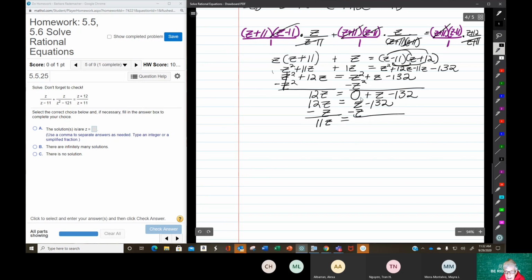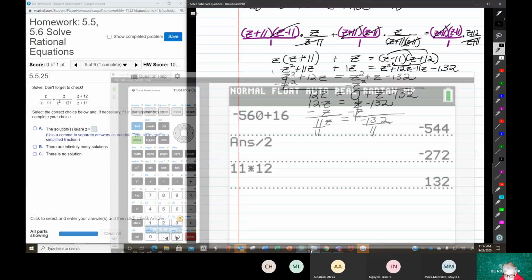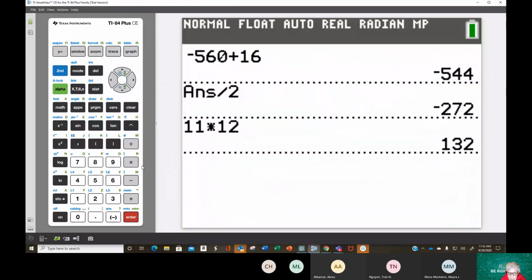Z minus Z is 0. Yep, negative 132. Then I divide both sides by 11.